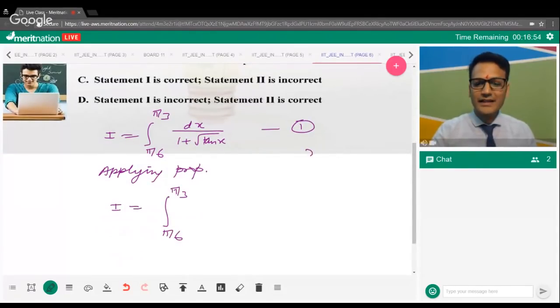So what will we replace x by? We'll replace x by pi by 6 plus pi by 3 minus x, right?